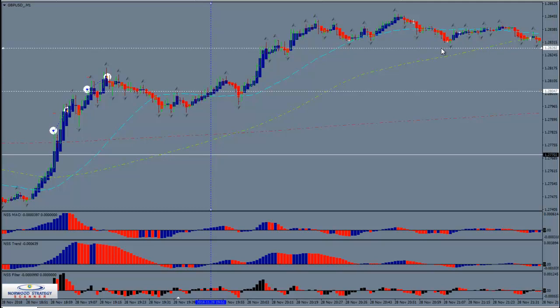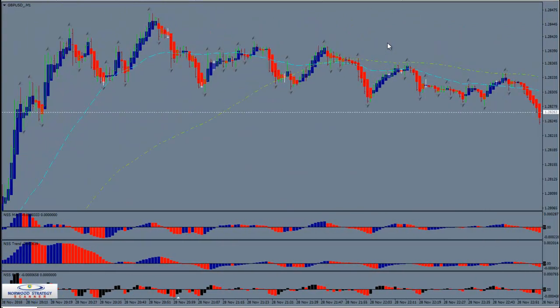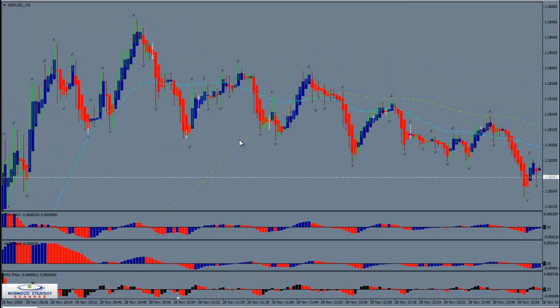Okay, so a 3 pip buffer. And you can see that it never went higher than that, so we would have been taken out manually by ourselves if we had come back to it, or right here for 22 pips.